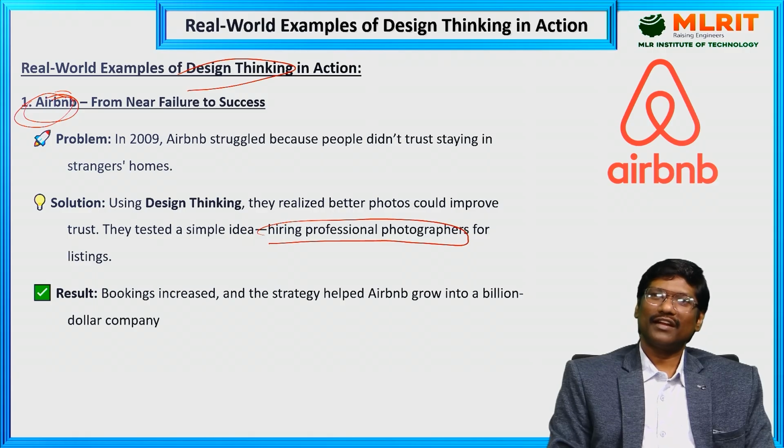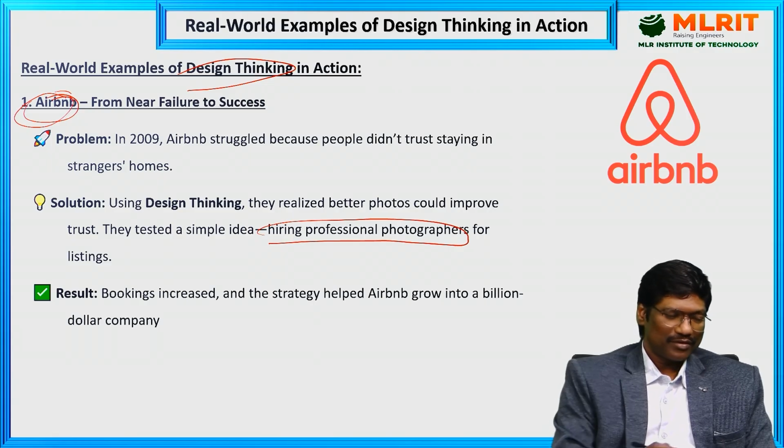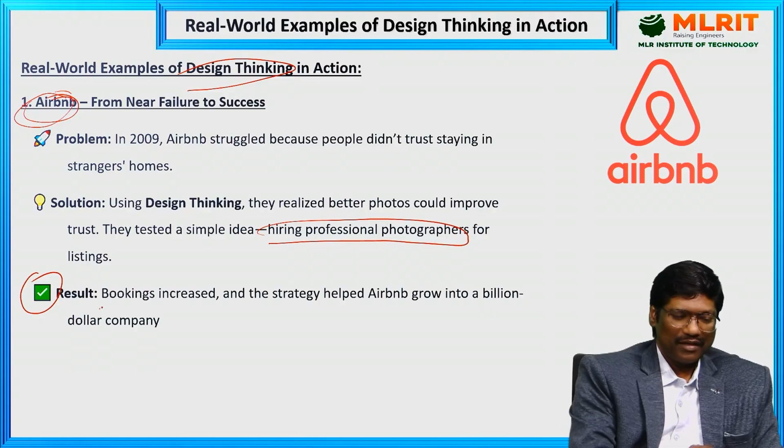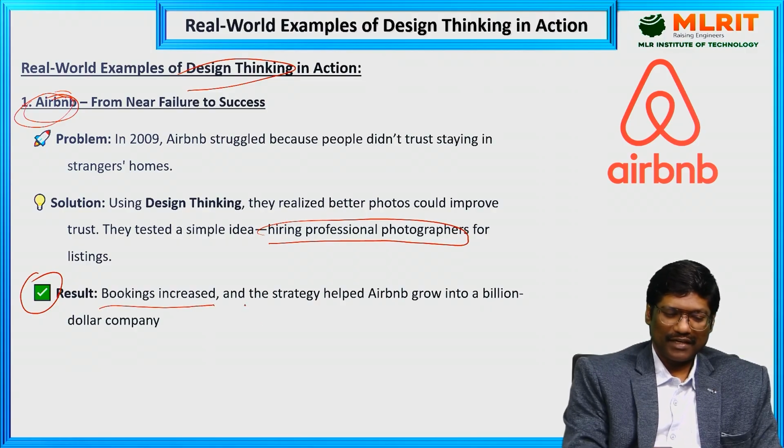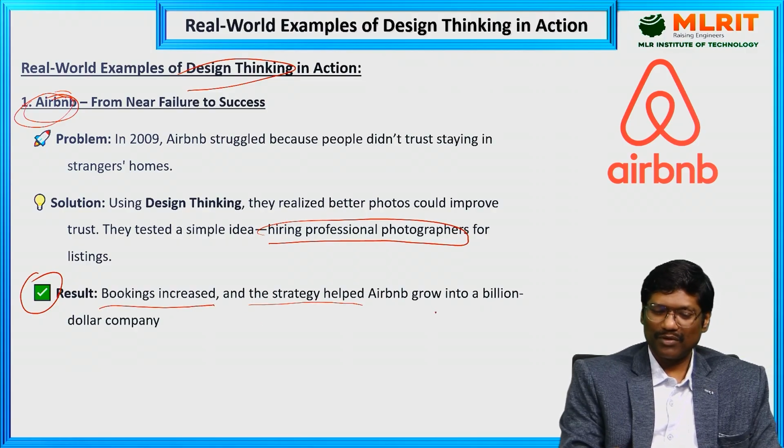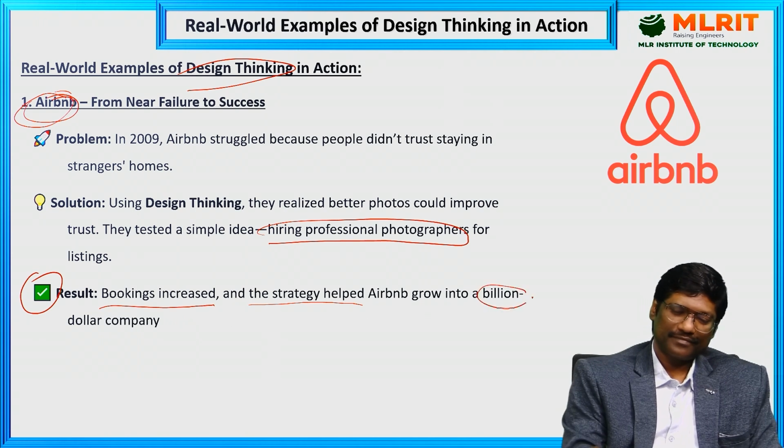So they have taken utmost care to rectify those distances, and so Airbnb is a successful business venture. It is doing wonderfully. So what were the results? Bookings increased, and the strategy helped Airbnb grow into a $1 billion company, right?